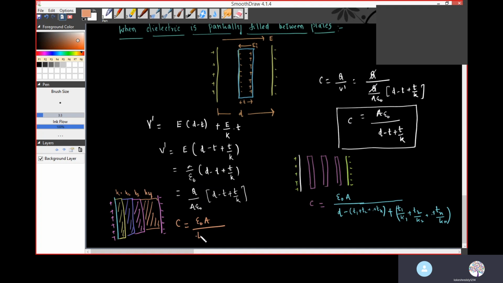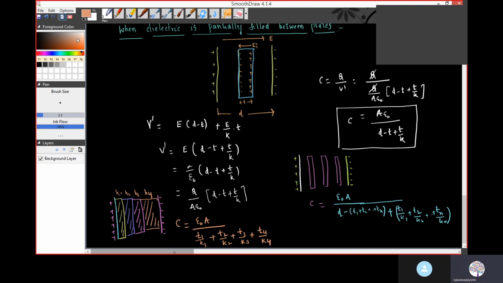So you will get t1 by K1 plus t2 by K2 plus t3 by K3 plus t4 by K4. Understood? That is when it is completely filled.